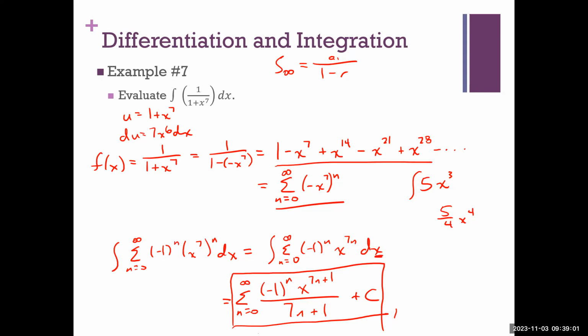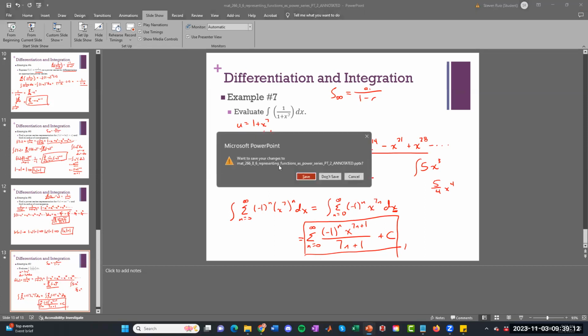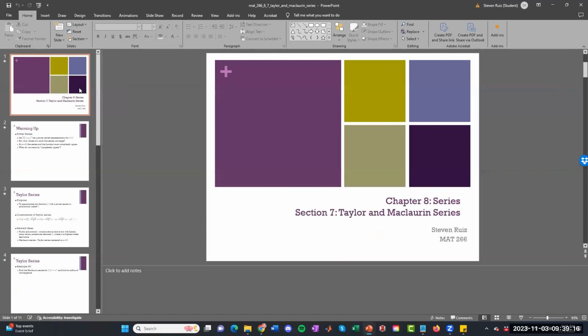All right, so that's what I have for you for this section. Basically in this section we were able to do a lot, but our only real weapon was talking about functions that we could somehow bring back to a geometric series.